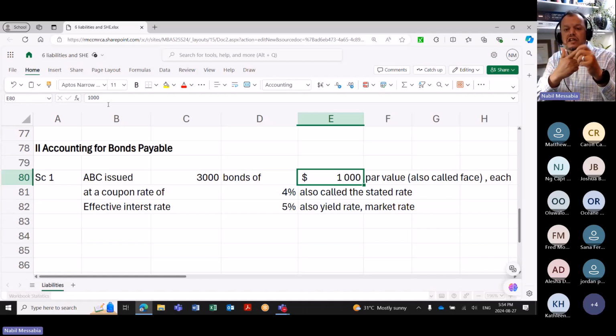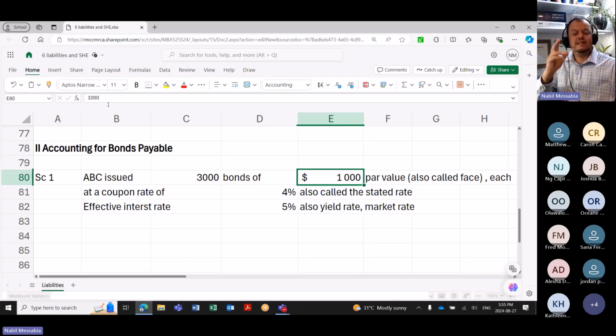And there is another use in addition to this. The $1,000 of par value is the amount that you'll get at the end of the term. Very good. At the maturity day, no matter how much you collected at the issuance day, you're going to pay $1,000 per bond, whether you collect today $900 or $1,100.